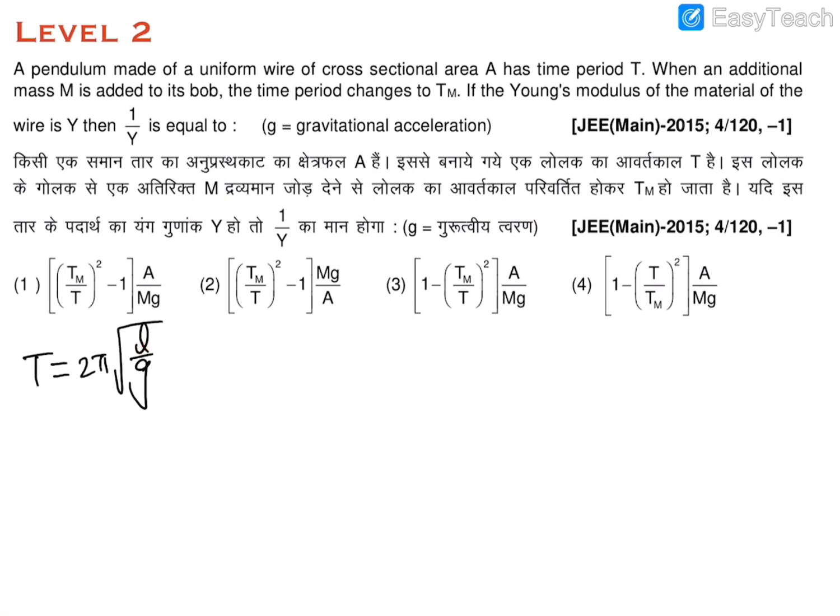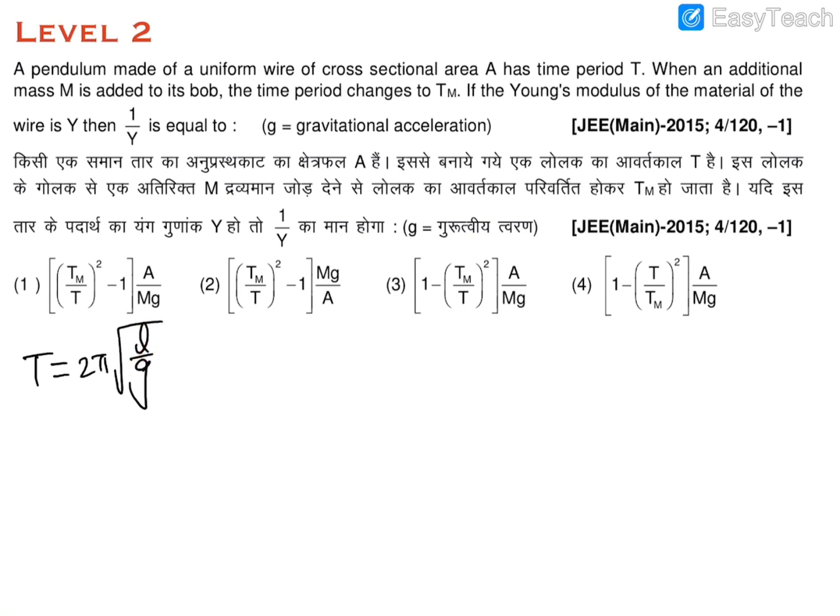It is due to the fact that when some additional mass is suspended from the thread of the pendulum, it is elongated, and due to its elongation its length changes and therefore its time period changes.